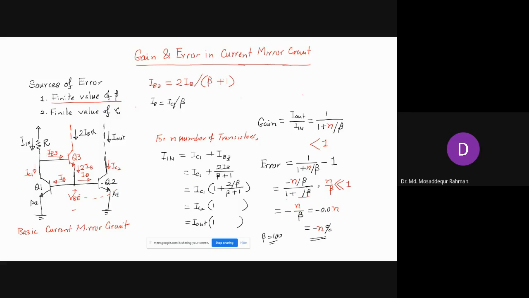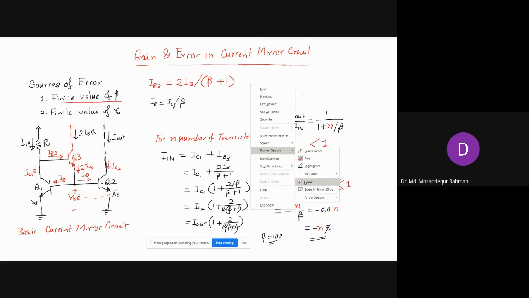And IC1 is IC2, so replace IC1 by IC2, and here you have 2 slash beta plus 1, and IC2 is I out, so you have this. Now the gain is I out by I in, and so here again 1 plus, okay, the corrections we need here.